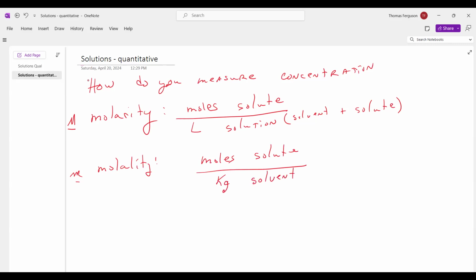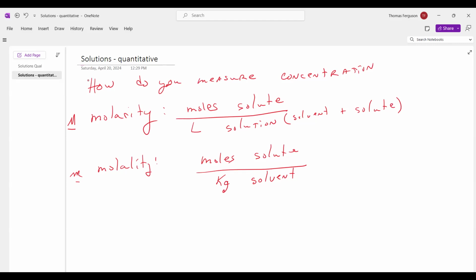And that's moles of solute per kilogram of solvent. Now, it's real important to distinguish between these two. This solution includes the volume of the solute. This does not include anything about the solute.